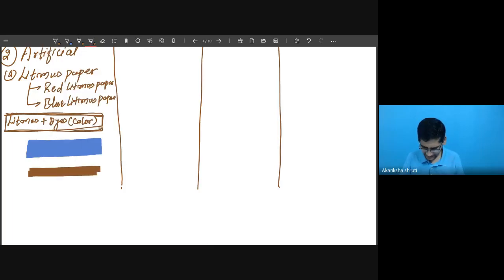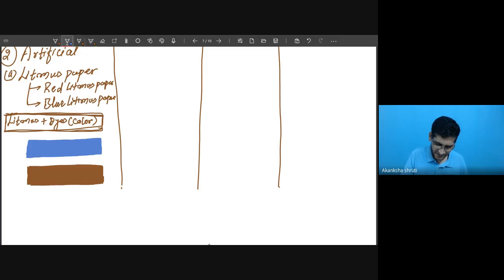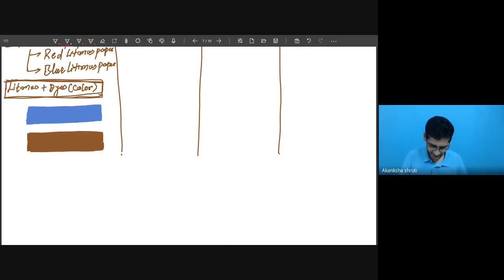Then you will get this one as the red color litmus. Okay, these are the two strips or the colors. So right here, it is our red color litmus paper.